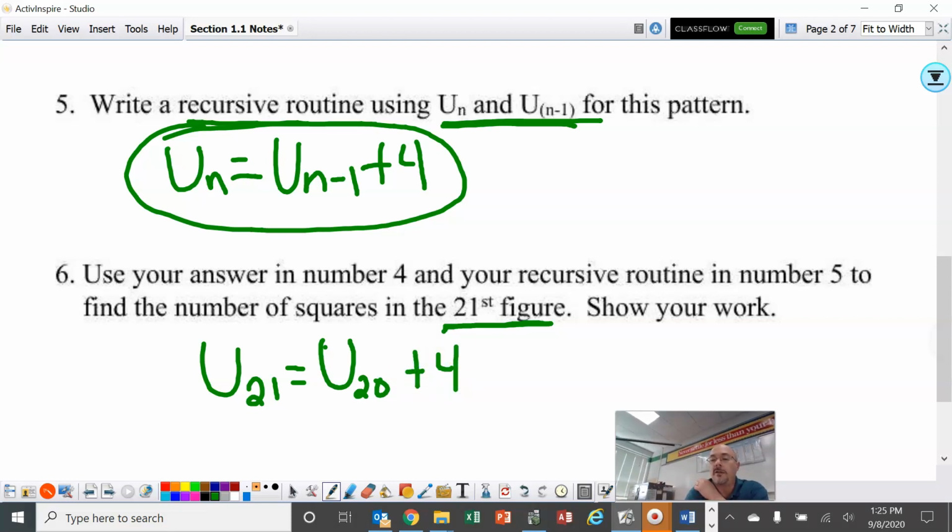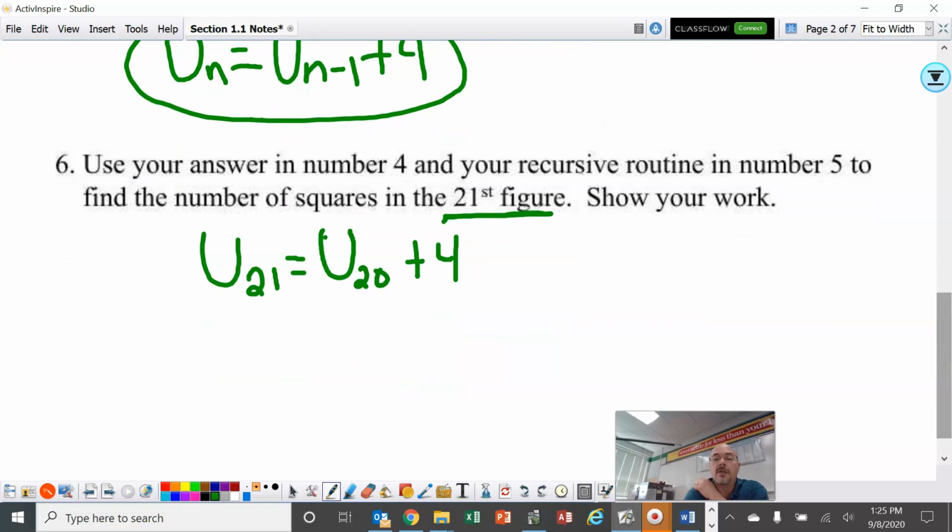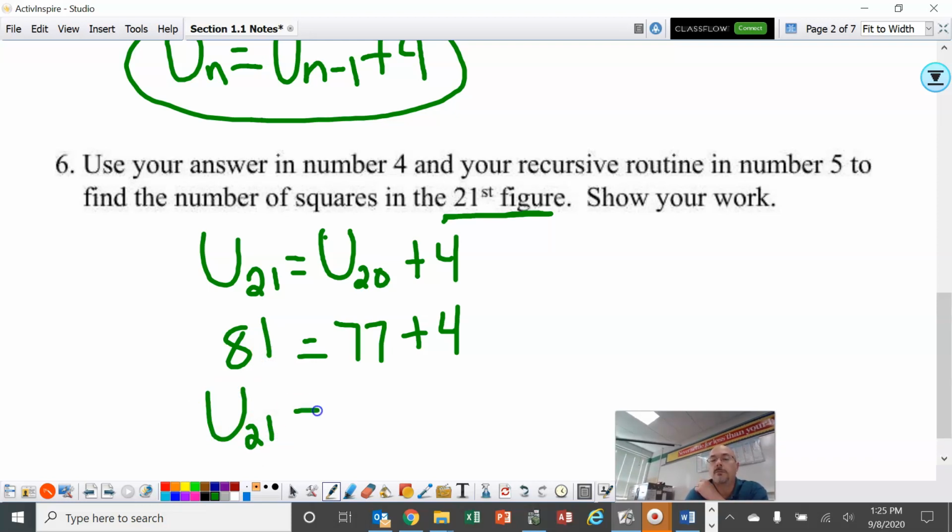We figured out that the 20th number in the pattern is 77, and we're going to add 4 to it. Well, 77 plus 4 is 81. So that means u sub 21, the 21st number in the pattern, is 81.